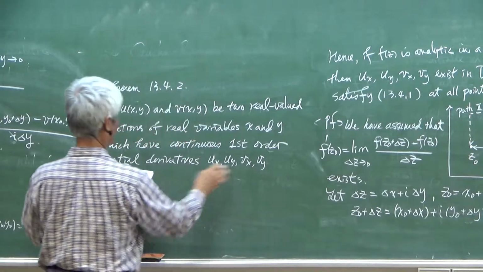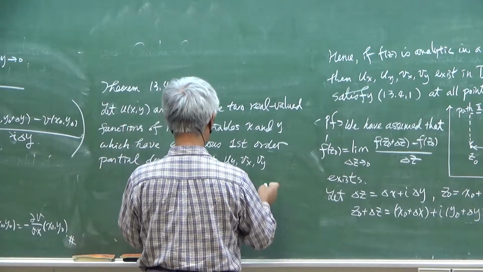Okay, so these four first order partial derivatives are continuous, right?